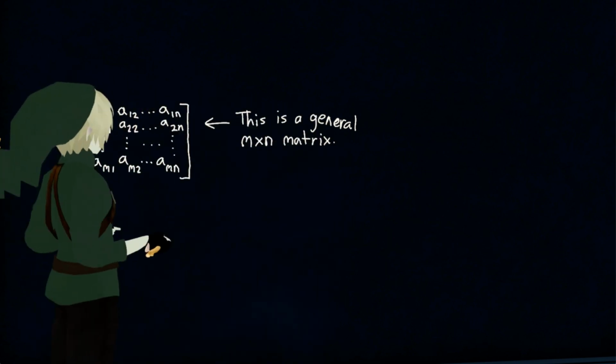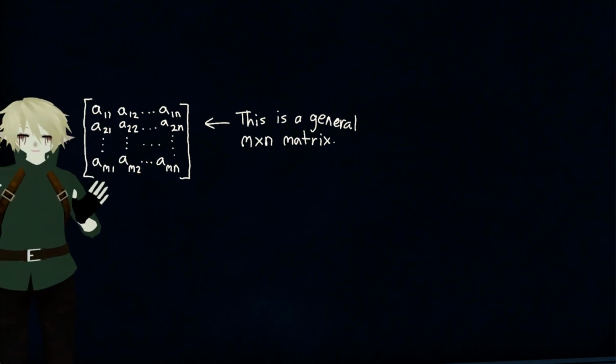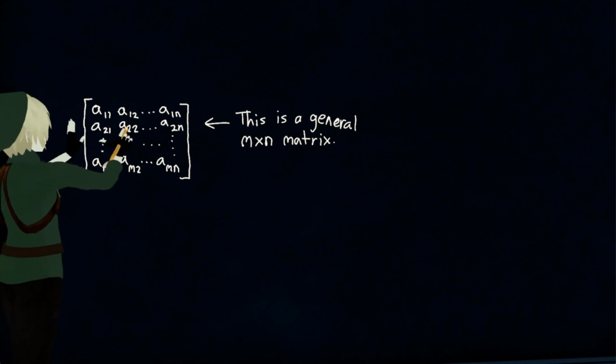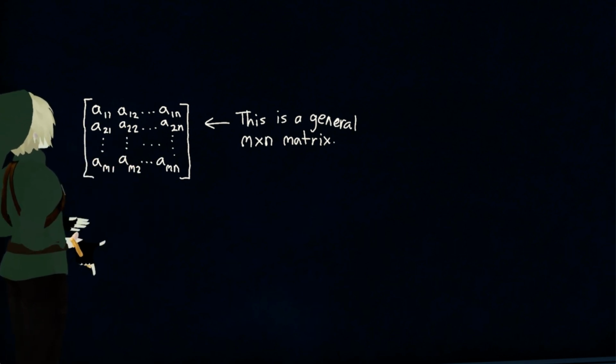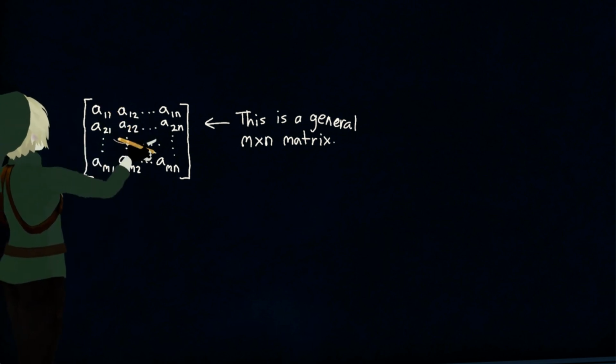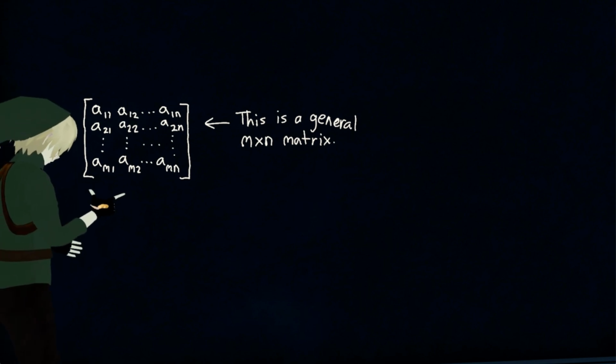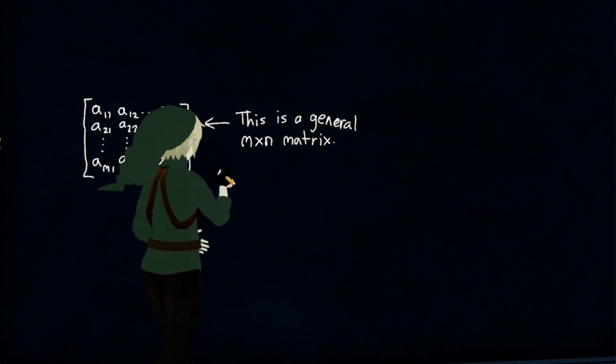So this is what you'll see in your textbook or in your linear algebra class. Don't freak out. It's just a generalized matrix. For some random number a, for an entry, we call it an entry, right? So let me write this notation.